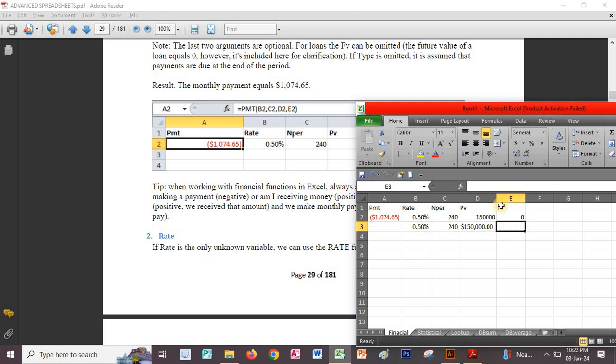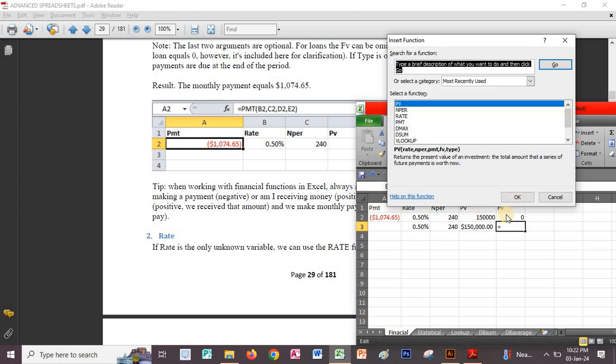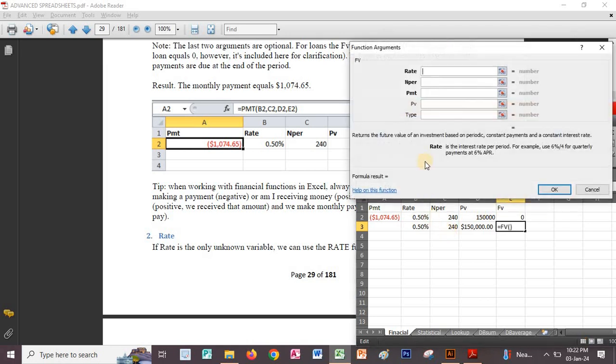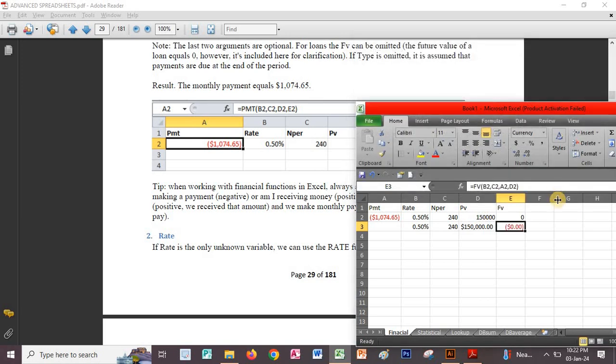The same, if we did not know the future value, so let's see, given all the others, given the rate, given the nper, given the PMT, given the present value, then it is possible for us to get the future value.